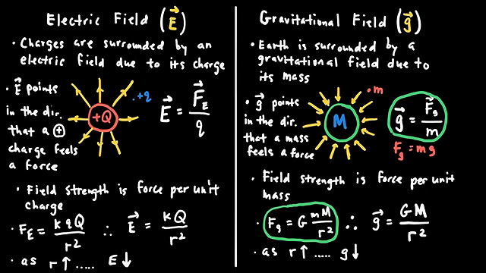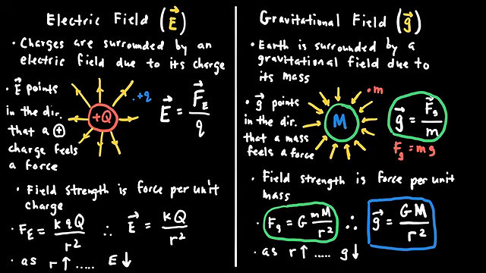We would get the fact that the gravitational field is equal to G, the universal gravitational constant, times the mass of the planet divided by the distance between those two objects squared. And for an object on the surface of Earth, that distance would be the radius of the Earth.